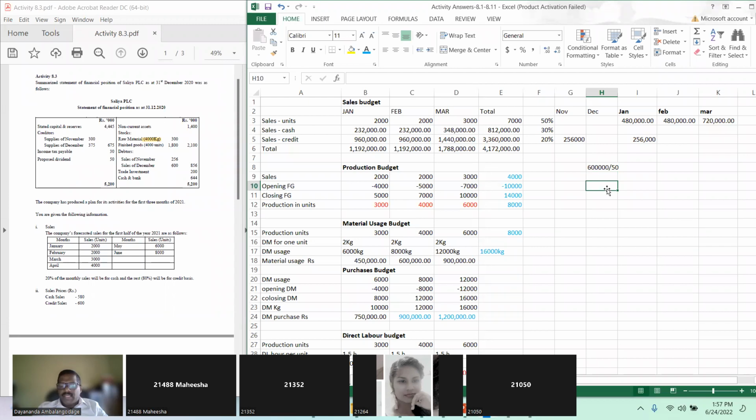So what you have to do is 600,000 divided by 50% and multiplied by 30%. So you get a figure which is 360. And 20%, same formula, multiply it by 20%, which is 240.